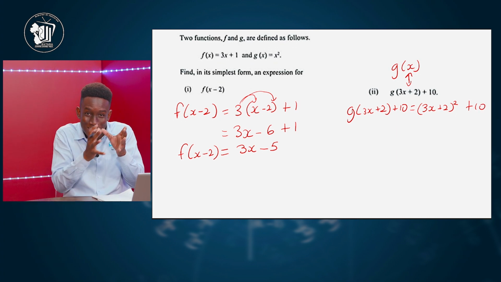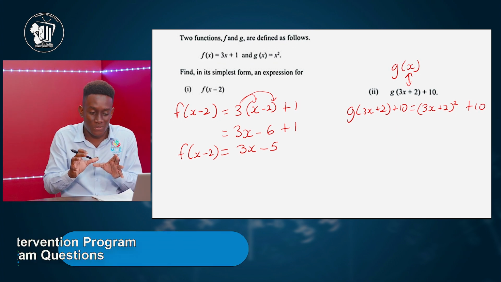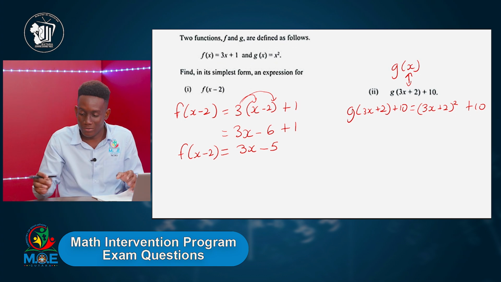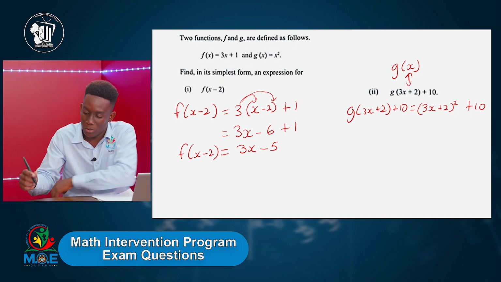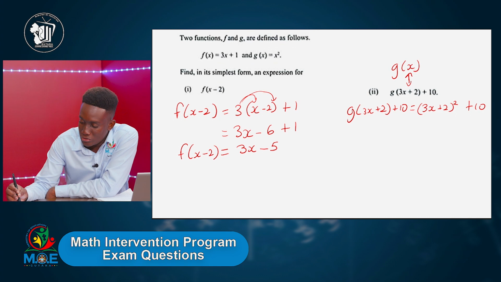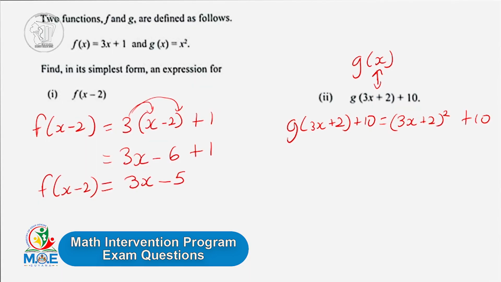So it's whatever is in the bracket, we're replacing x with that. So we just add the 10 to the function. So now we work this out and we simplify this. So 3x plus 2 squared, that simply means we have 3x plus 2 in one bracket, 3x plus 2 in the other bracket, plus 10.